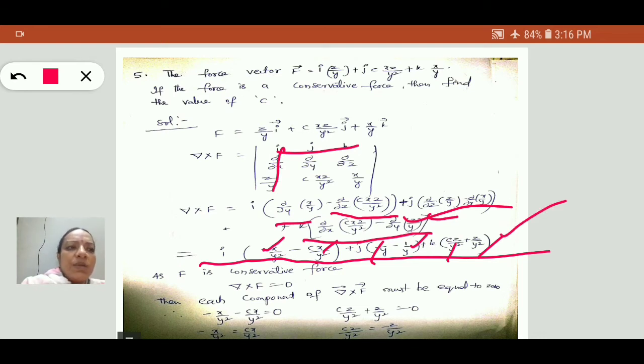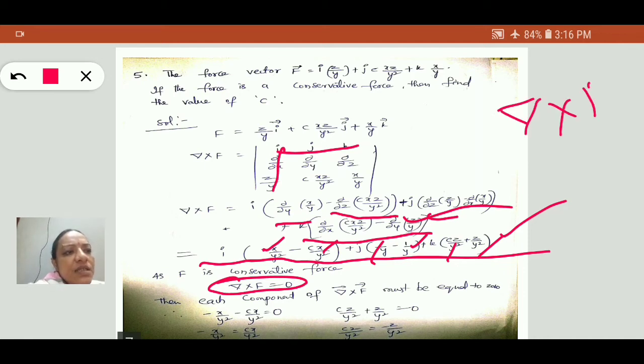The problem says the force is conservative, so the rule is that del cross F, that is curl F, must be equal to 0. Just equate this. Curl F equal to 0 means the coefficient of each component of i, j, k is individually equal to 0.